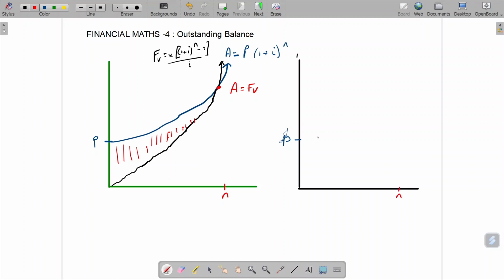Then what we actually have here is a graph that does something along the lines of that. It's very flat initially, and then it nosedives down.